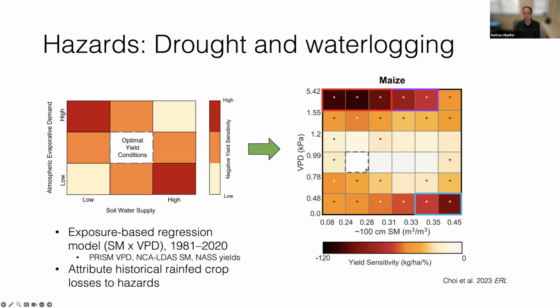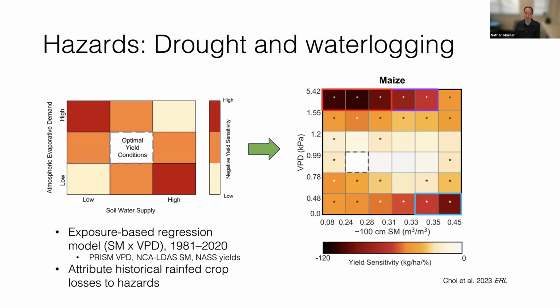So basically, what these units are showing is for every 1% of the growing season that you spend in a given set of conditions, you're expected to lose that much yield in terms of kilograms per hectare relative to if that 1% of the growing season was in that optimal set of conditions.